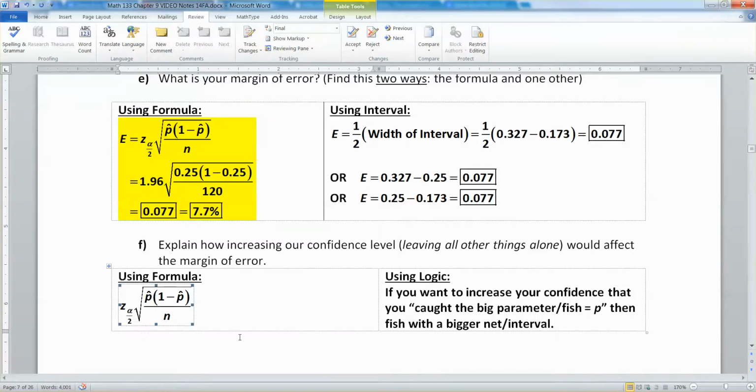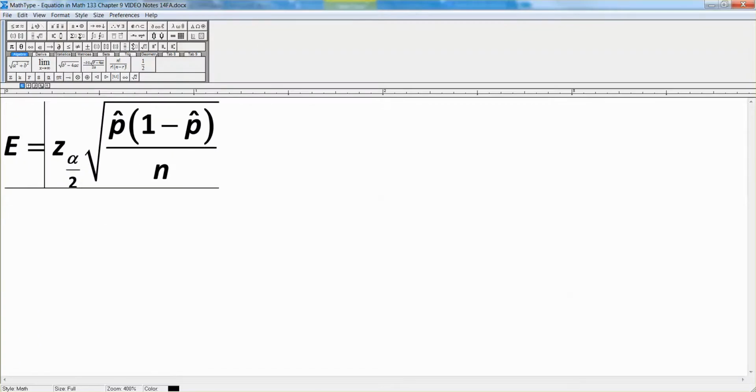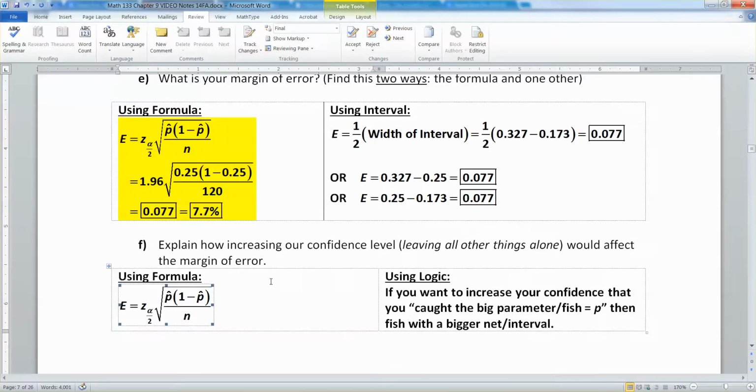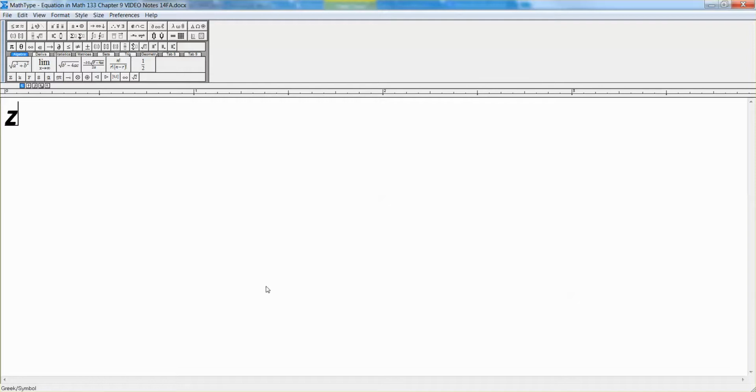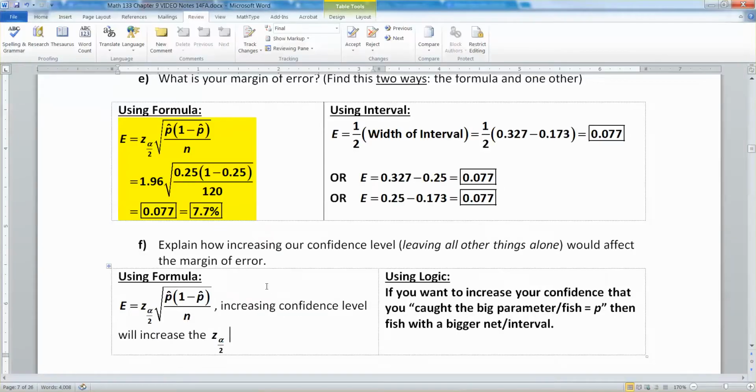So if that's the case, increasing the confidence level will increase the z alpha over 2 to a larger number.